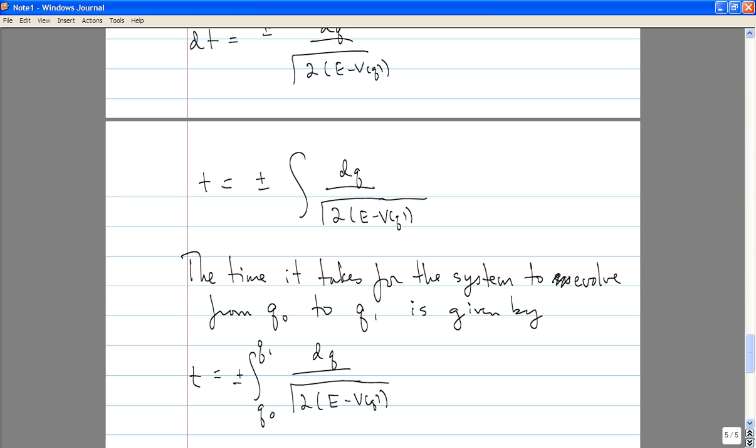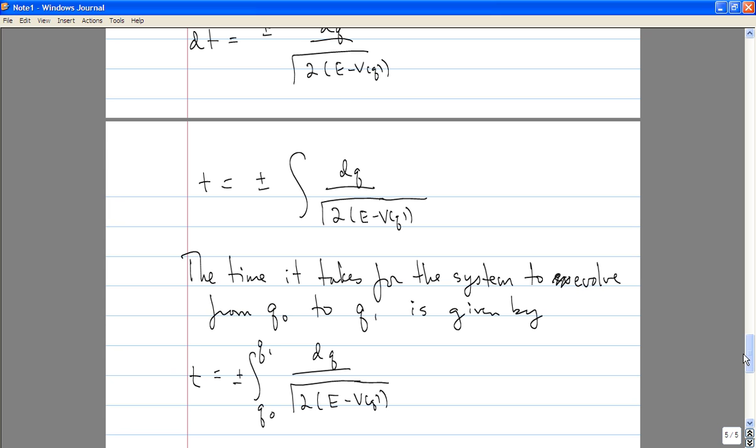Now, when I say explicit, that doesn't mean that I can necessarily do this integral for every possible potential V. So for the case where V is proportional to q squared, this is an oscillator, and what you will get is a logarithm or arc sine or arc cosine when you do this integral. But in general, by doing an integral of this sort, I can solve for the time it takes to move between one position and another position as a function of q0 and q1, as well as the energy of the solution.